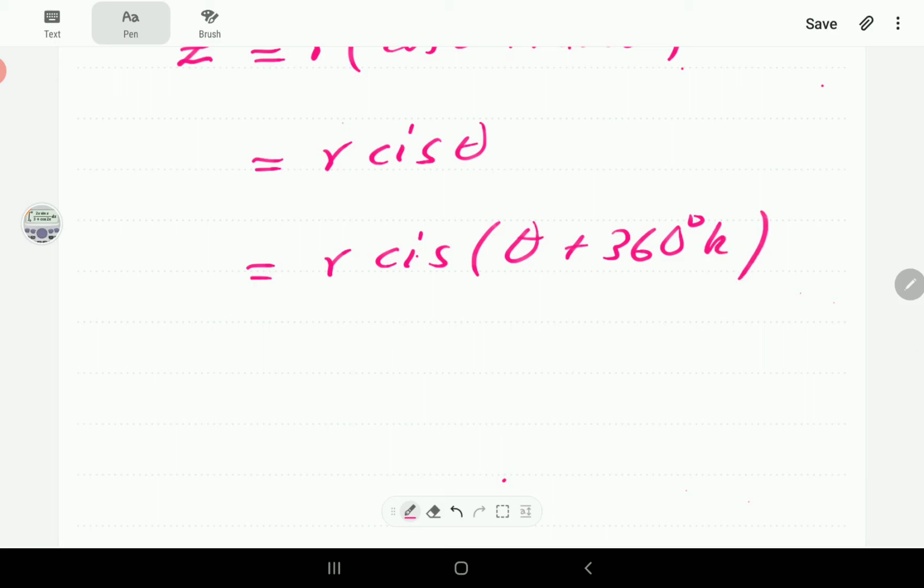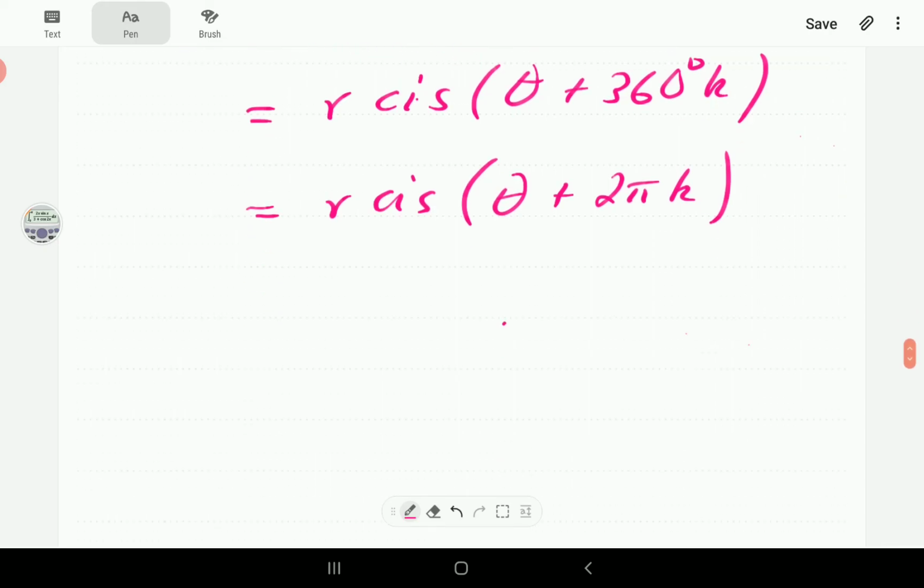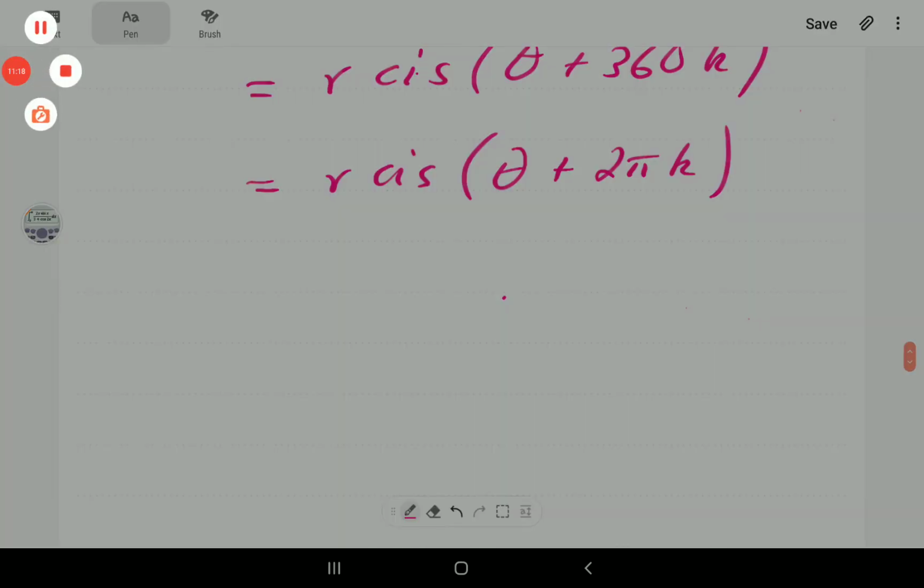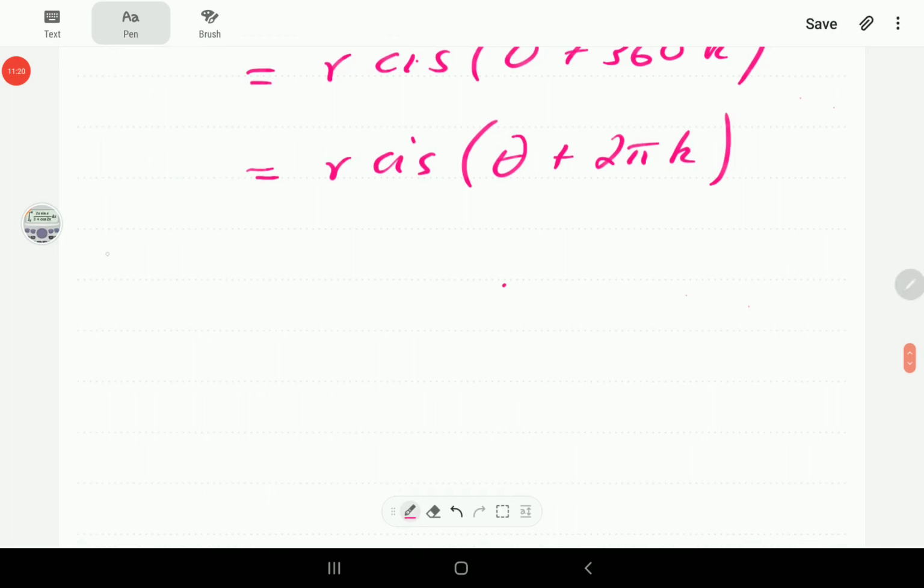So that's what we can do in general. Or if we are working in radians, this is going to be theta plus 2 pi k, where k is an integer. Now we're going to combine this with De Moivre's theorem.